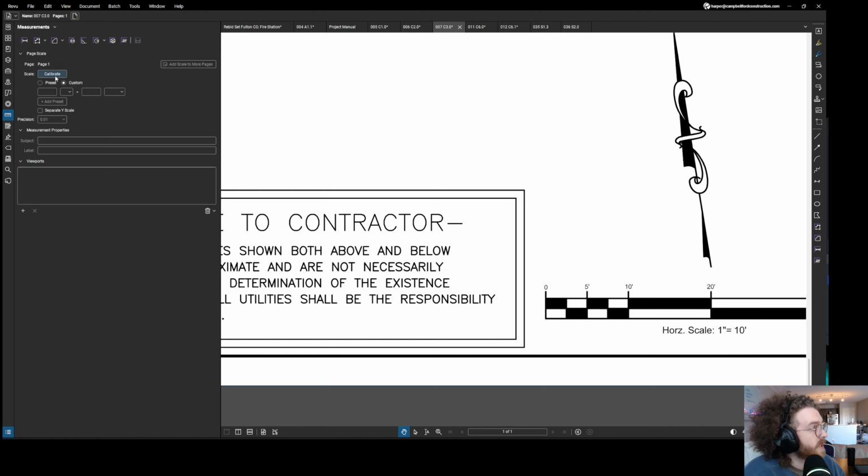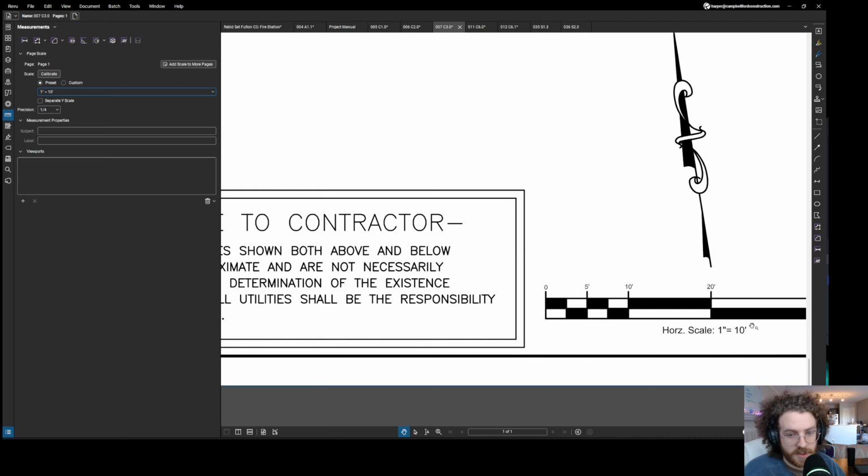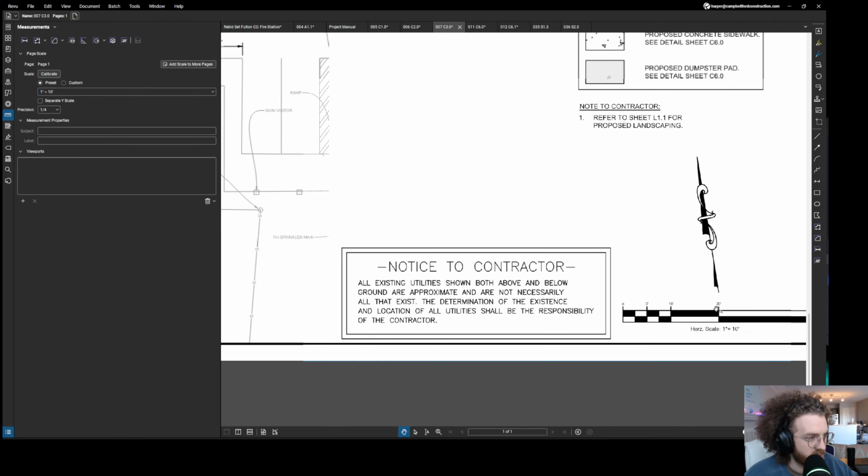In this, I actually just set it. I can set preset scales, which is really nice. So I'm going to set that to be 1 inch equals 10 foot. What that's basically saying is that if this was an actual printed out sheet of plans, I would have an architect scale or an engineer scale, and one literal inch would equal 10 foot in real life, to scale. That's essentially what a scale is.